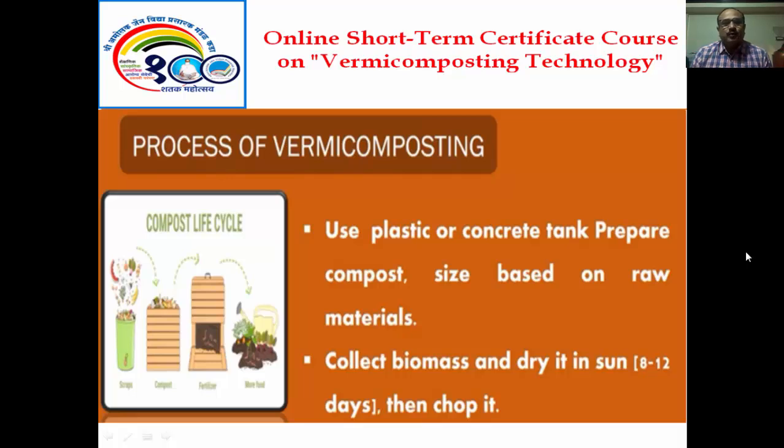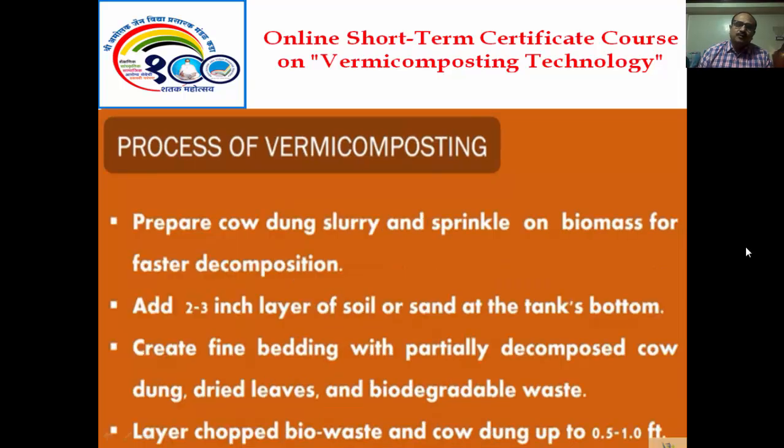For the process of vermicomposting, use a plastic or concrete tank and prepare a compost bed sized based on the raw material. Collect the biomass, dry it in the sun for 8 to 12 days, then chop it. Prepare a cow dung slurry and sprinkle it on the biomass for faster decomposition.